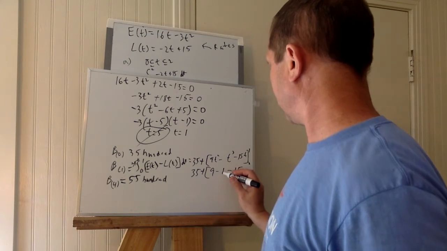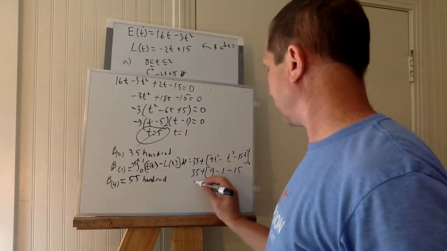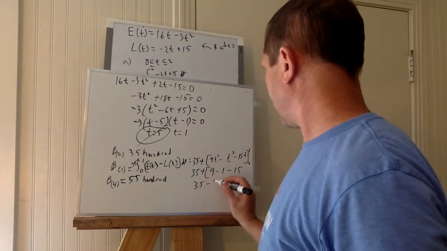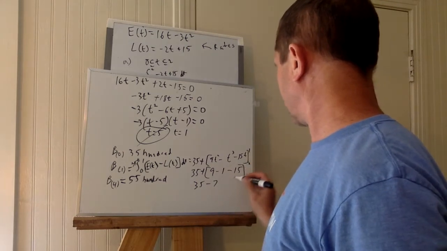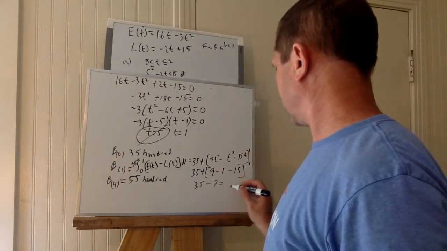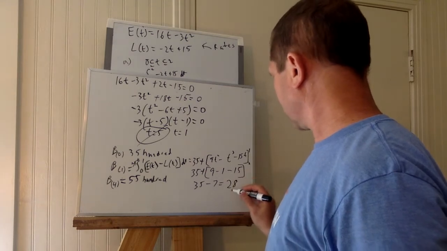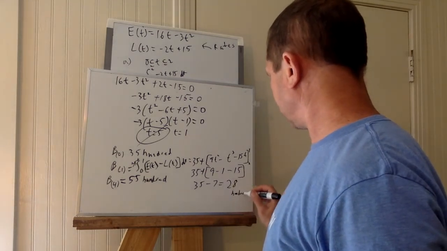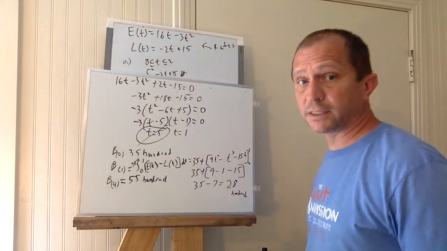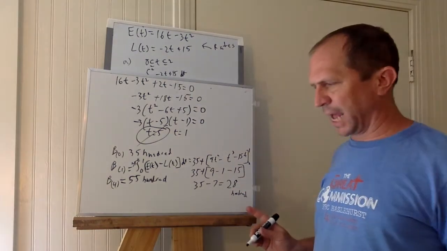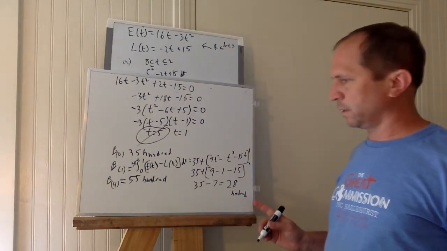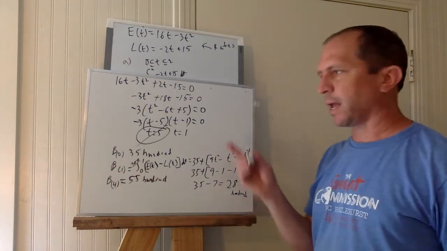So that's 8. 8 minus 15 is negative 7. So 35 minus 7 would be 28. So 2,800 bees is the minimum number of bees that are in there at a time. And that happened at 1, at the critical number.